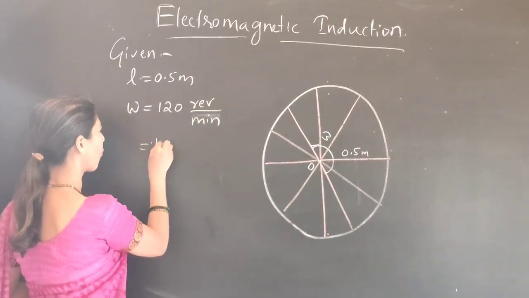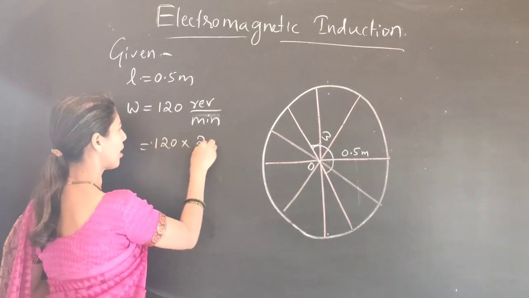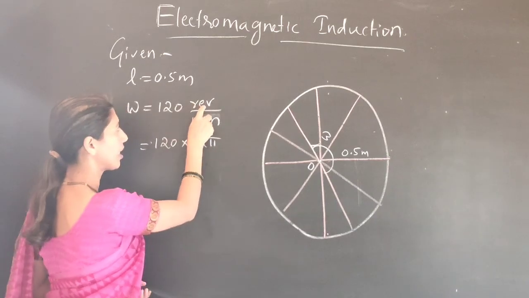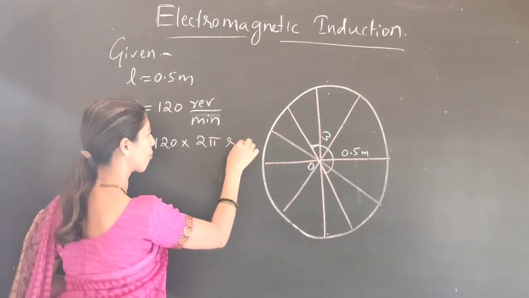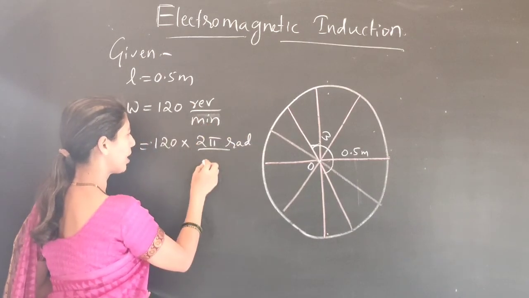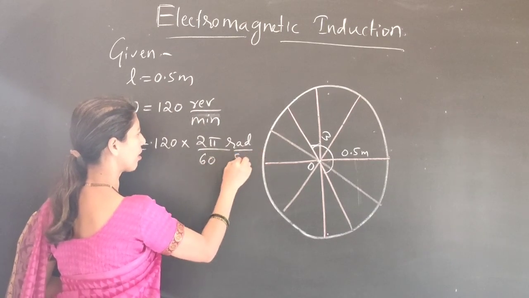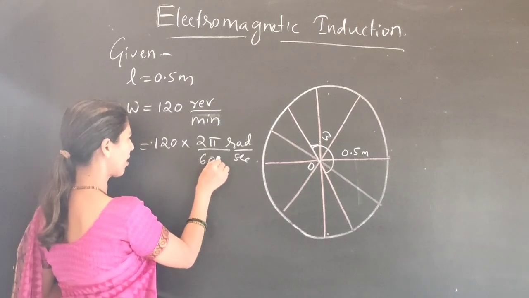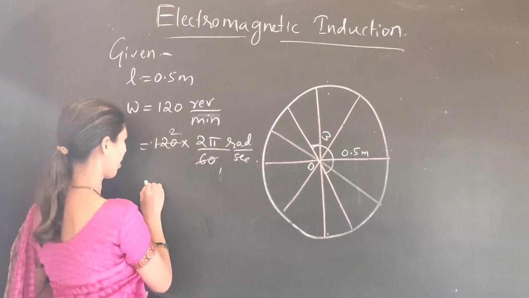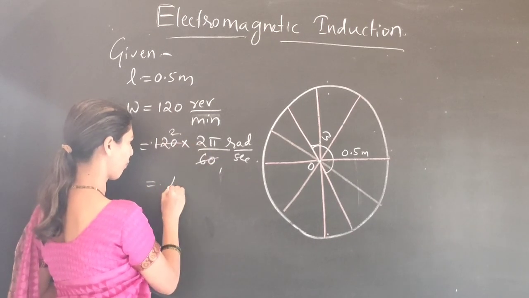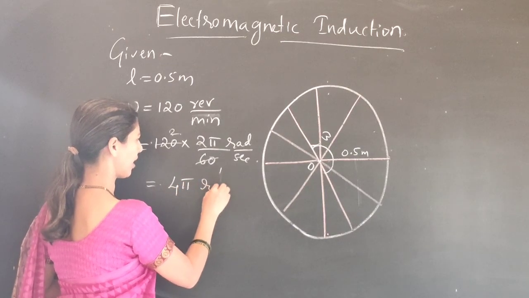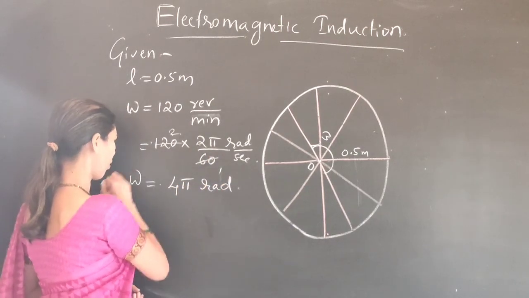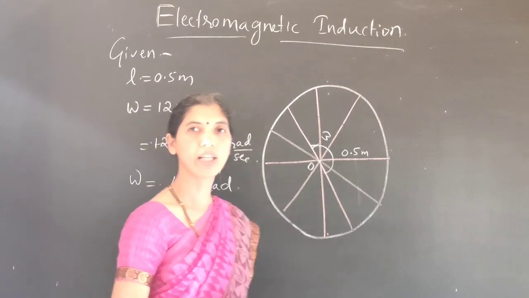So this is equal to 120 into 2 pi radian, 1 revolution. This is 2 pi radian, and 1 minute is equal to 60 seconds. So 2 pi by 60 radian per second. 60 ones are 60, 2 into 2 is 4. 4 pi radian. So omega is equal to 4 pi radian per second.